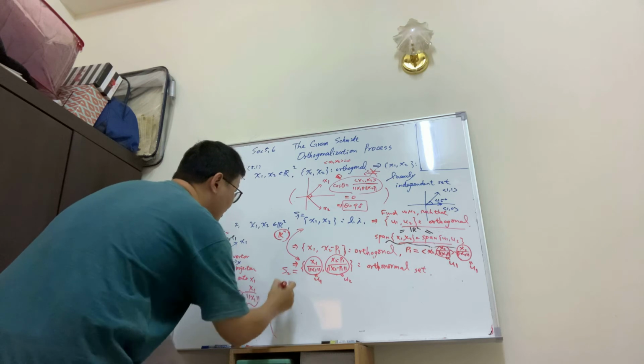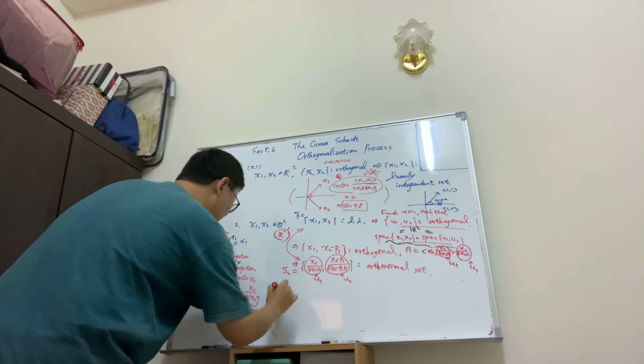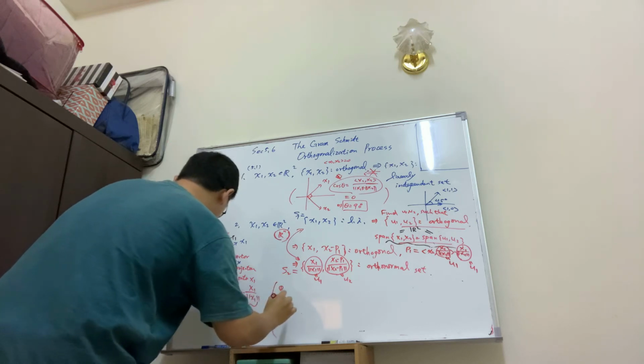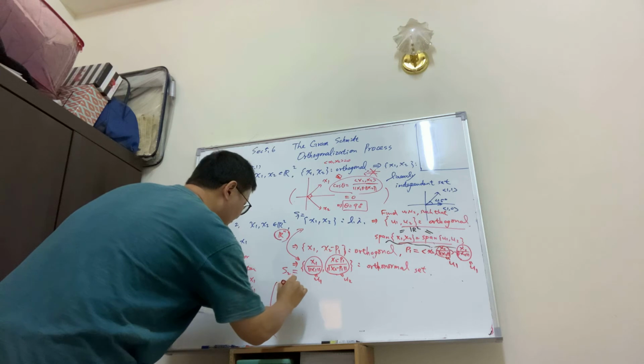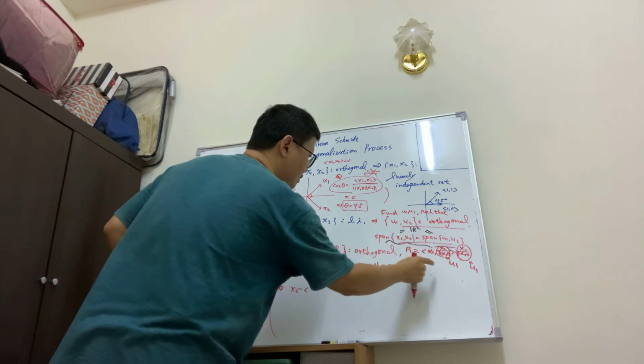Anyway, here we have a vector x2. The first one, we know that x2 subtract P1, we start from which one?